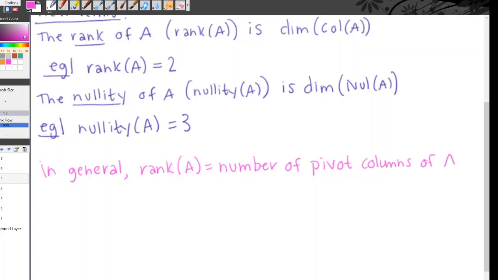This is just what we saw in our last example. And then the nullity of that matrix is going to be equal to the number of non-pivot columns.